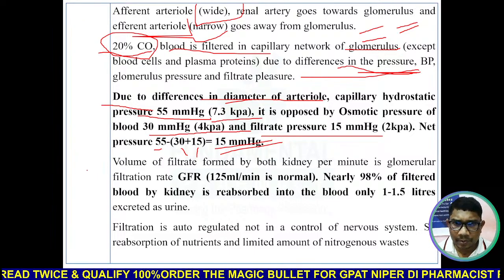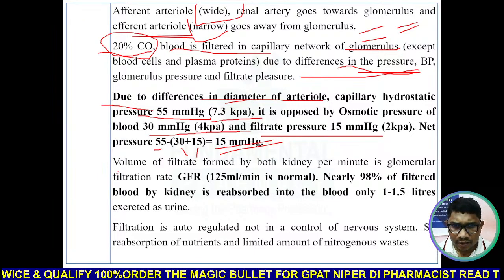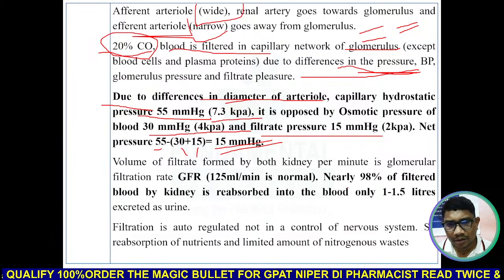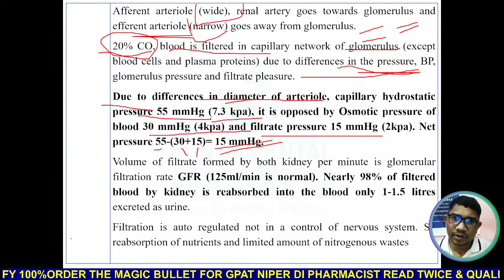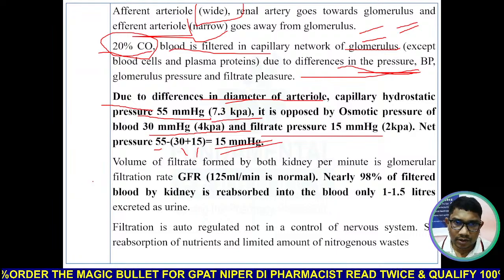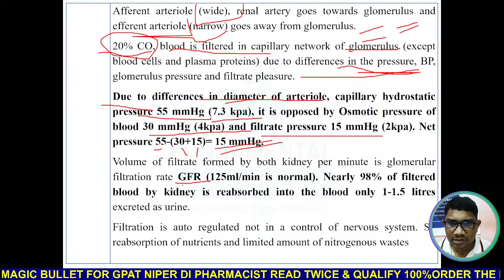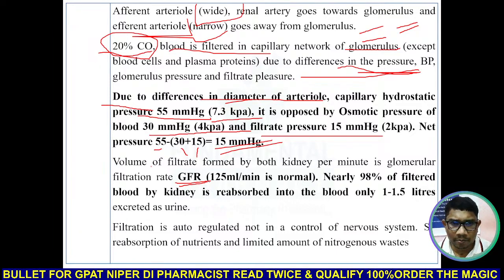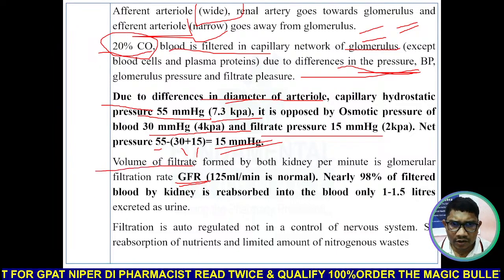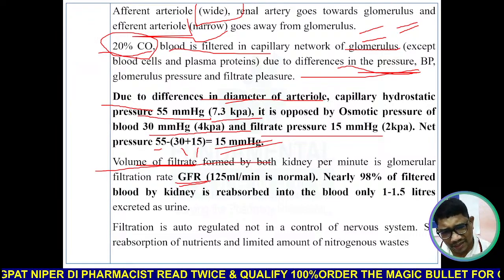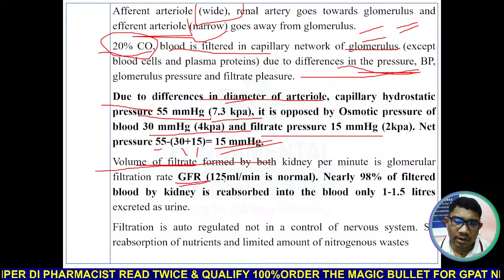So the volume of filtrate formed by kidney per unit time, what do we call this? GFR. What is GFR? A question has already come on this: the normal value of GFR. GFR is the volume of filtrate formed by both kidneys from the blood per minute.